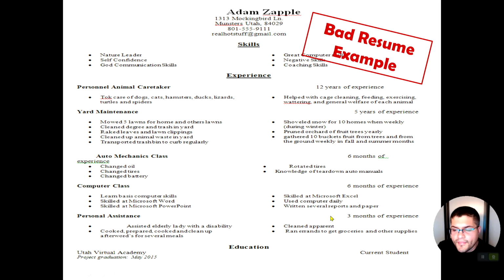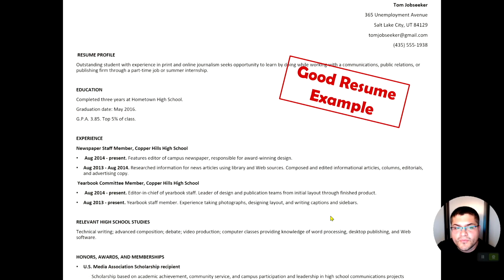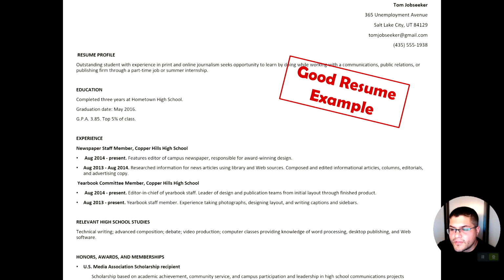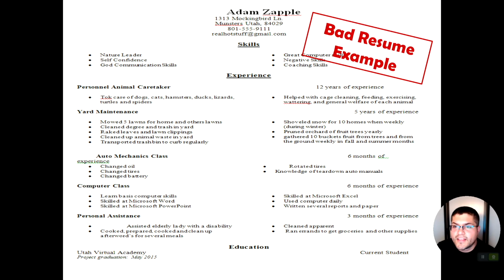Okay, so that's the main difference between this resume and this resume. Number one, there are these grammatical mistakes with the bad resume example. And number two, the first resume example is a little bit better organized. As a result, the recruiter has an easier time understanding the skills and qualifications of this candidate. Okay.